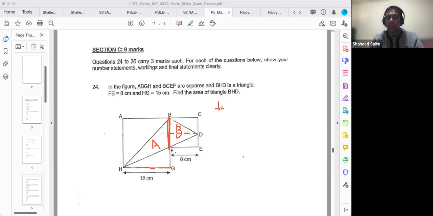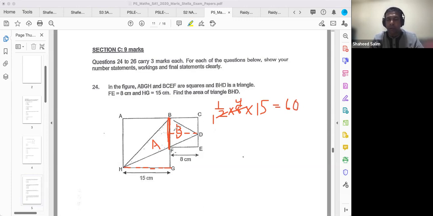Half times the base, which is 8, the height is 15. So now I divide by 2, I get 4. 4 times 15 is 60 square cm. That's for A.